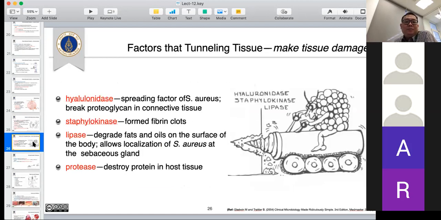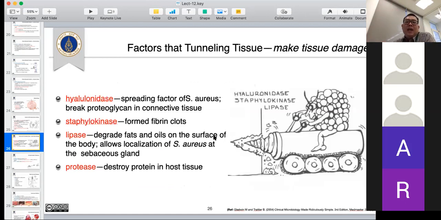But some enzymes can damage your tissue by hyaluronidase. Staph aureus needs to go deeper in your skin by hyaluronidase. Okay, staphylokinase destroys the fibrin clot. Lipase destroys the lipid in your skin, lets them spread out, makes the wound bigger and bigger.